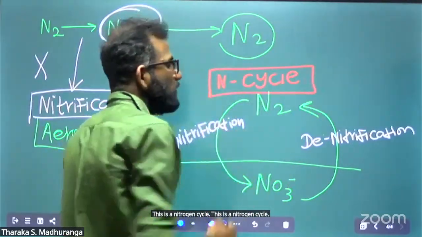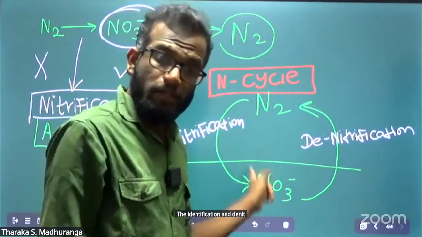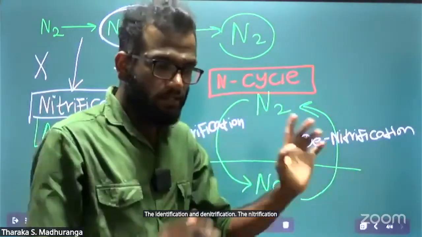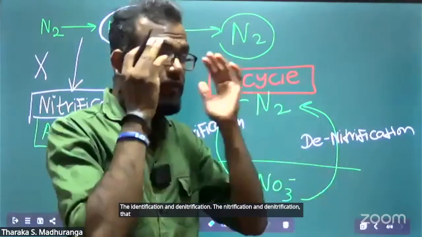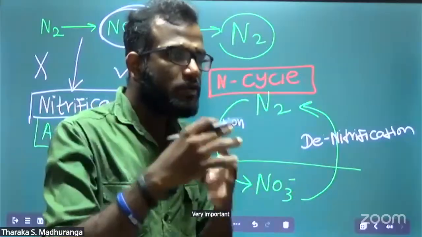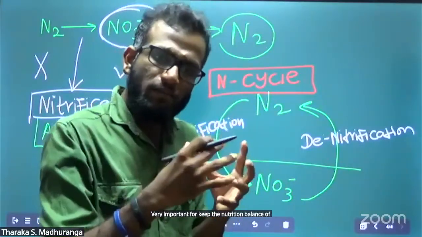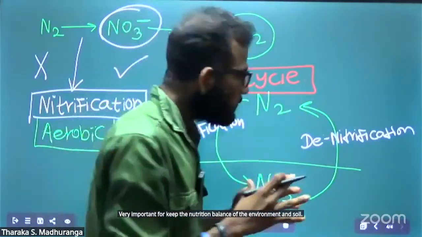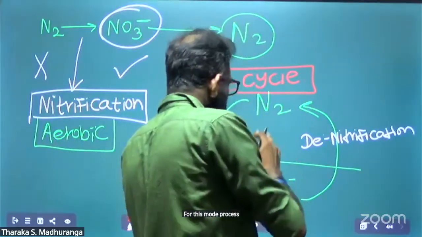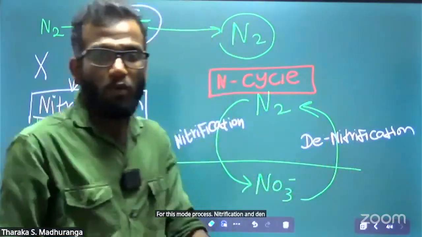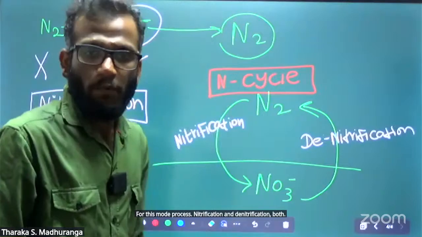The nitrification and denitrification, that nitrogen cycle, is very important for keeping the nutrient balance of the environment and soil. For both processes, microorganisms are very important.